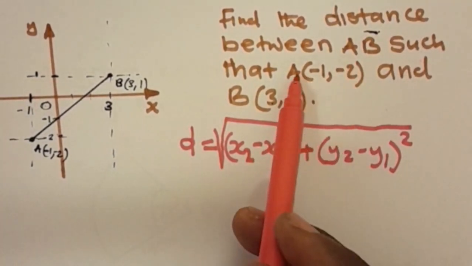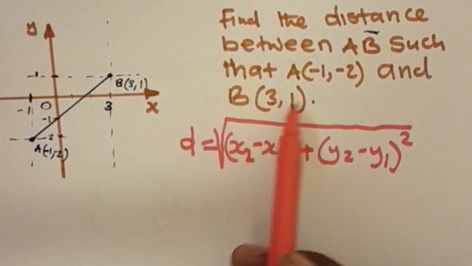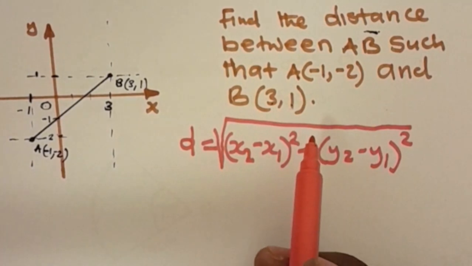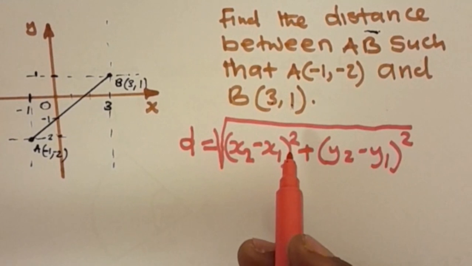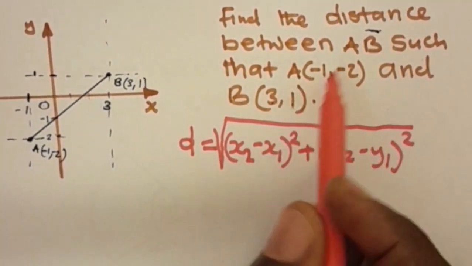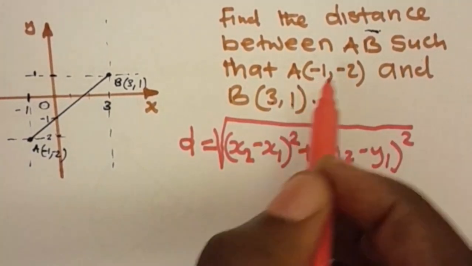So now, when you look at the points A and B, we don't have x1, y1, x2 and y2 labeled. So what you are going to do, you can choose to give point A as point 1.